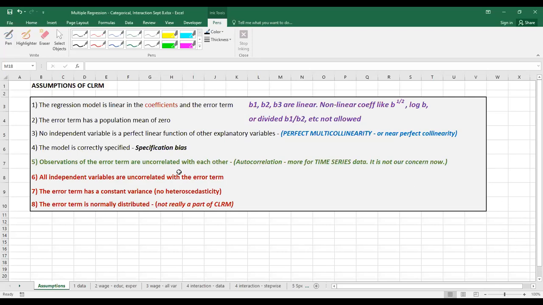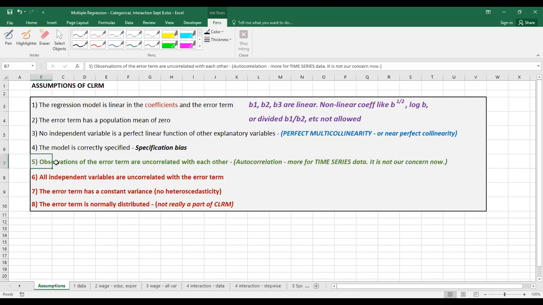Kunyari, yung relationship ng dependent variable to the independent variable dapat, let's say, quadratic. Siguro x squared dapat o x cubed, polynomial dapat. Tapos minodel mo as linear. Magkakaroon ka ng specification bias kasi maling model ang ginagamit mo. Kunyari, dapat nakalog sila, mas maganda kung nakalog, tapos hindi mo ilalog, may specification bias yun. No? And there are tests. May pwede tayong mga statistical tests to know if there's specification bias.